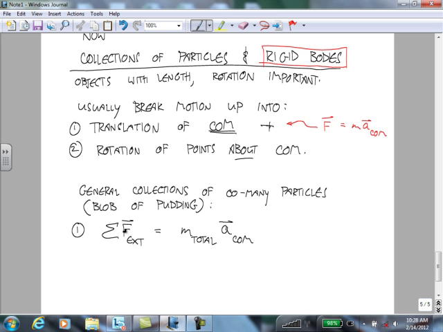Pudding dynamics is a more advanced class that you'll have to take later in your food sciences engineering programs. So what about the rotational motion? With rotation, you can't say too much that's useful.